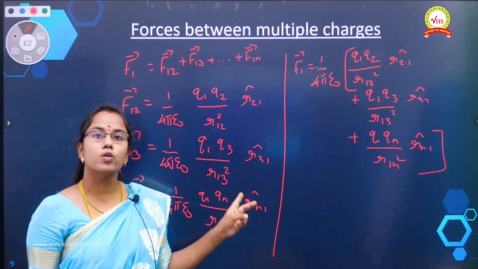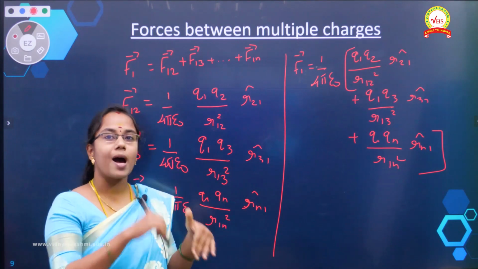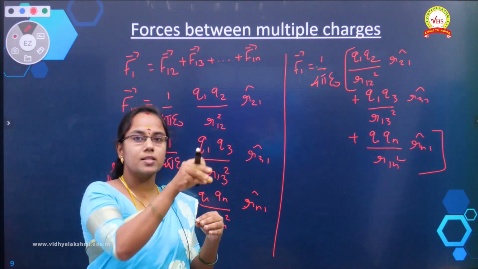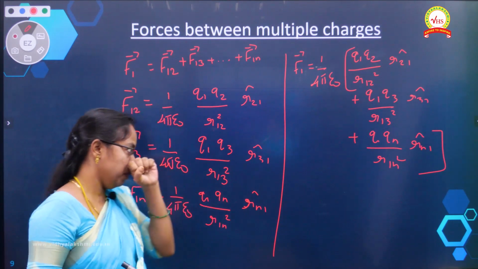Similarly, we can write the force on charge 2. On charge 2 also, all other charges will have their effect.